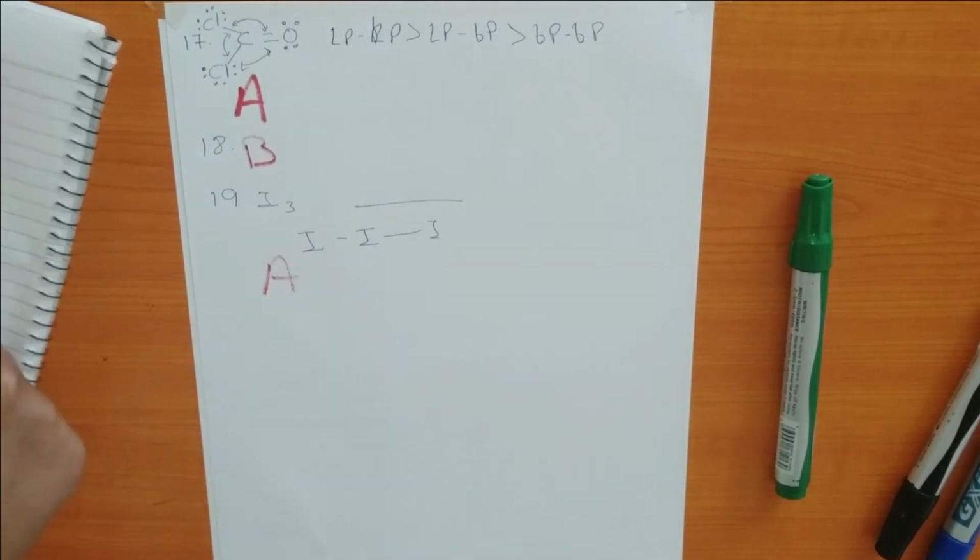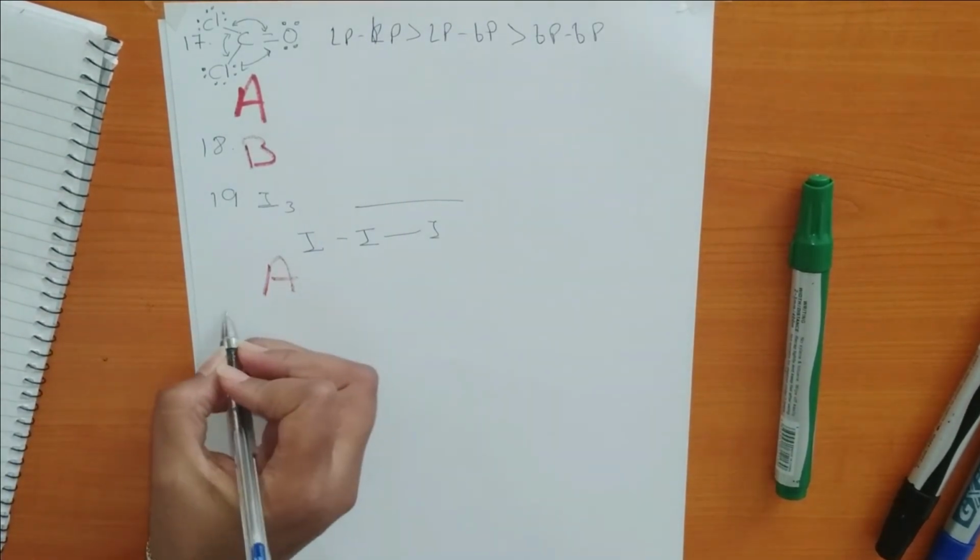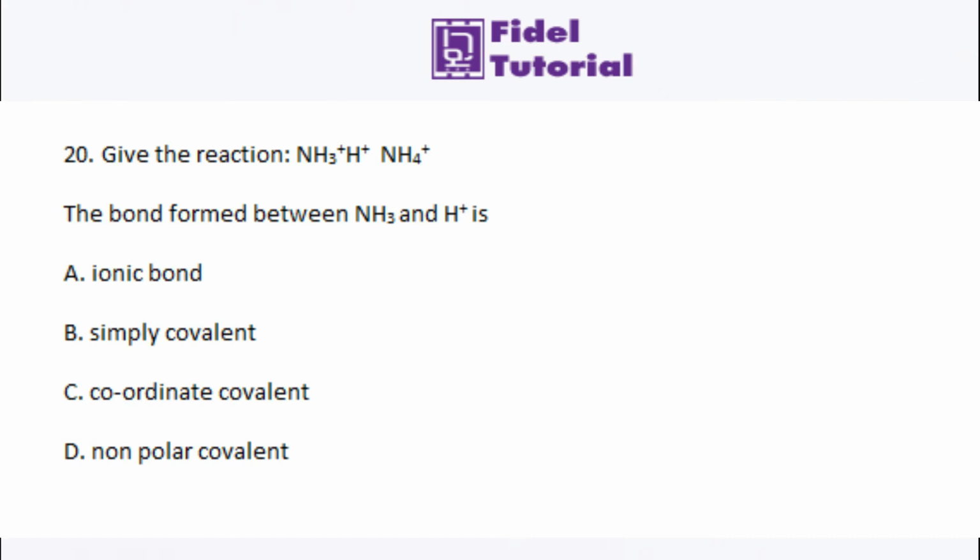20. Given the reaction NH3 plus H plus gives us what? NH4 plus. The bond formed between NH3 and H plus is what? A, ionic bond. B, simple covalent. C, coordinate covalent.